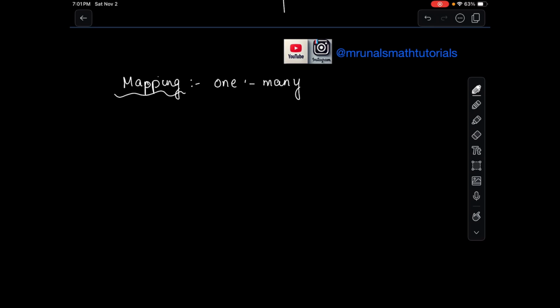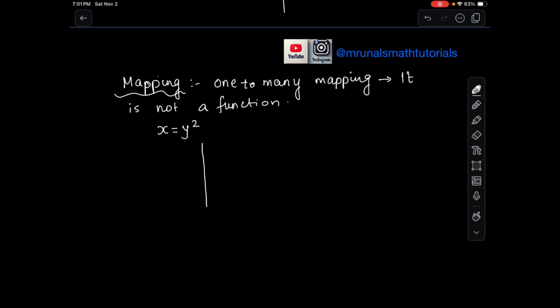Okay, one-to-many mapping is not a function. So how does one-to-many look? For example, if you have x equal to y squared, the graph will look something like this.